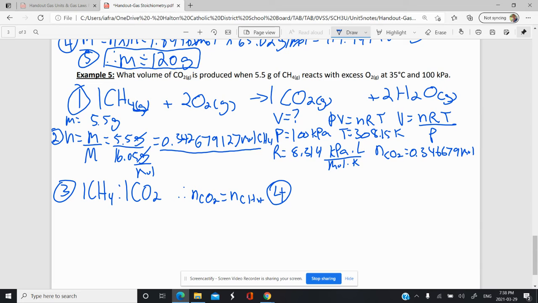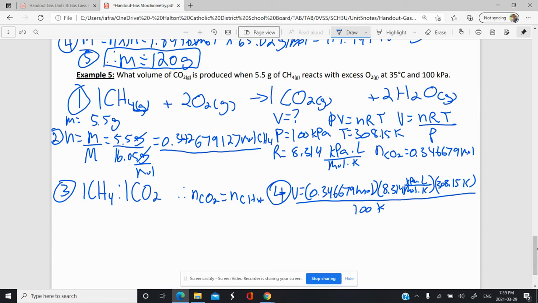Step 4. The volume is equal to that mole value, 0.342679 moles, times the R, 8.314 kPa liters over mole Kelvin, times the temperature, which was 308.15 Kelvin, over the pressure, which is 100 kilopascals. We can cross out the pressure units.